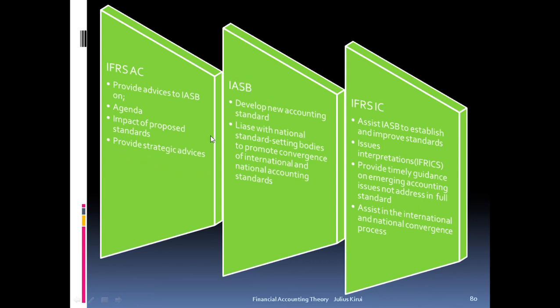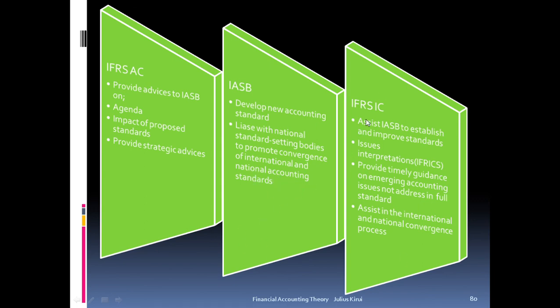The International Accounting Standard Board develops new accounting standards. Now this is where we are talking about how to come up with standards. It liaises with national standard setting bodies to promote convergence of international and national accounting standards.